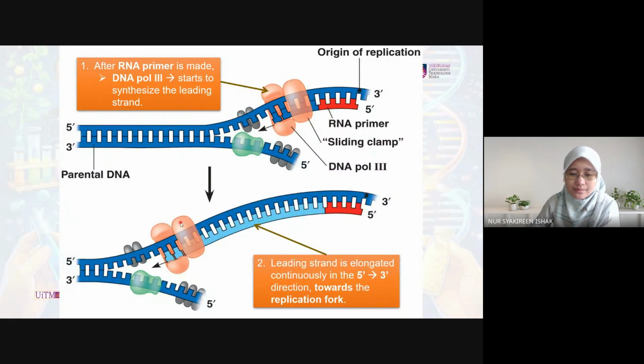This is the enzyme DNA polymerase 3; you can add it in your notes to make it clear. This is SSB, this is helicase, and over here you will have the topoisomerase.